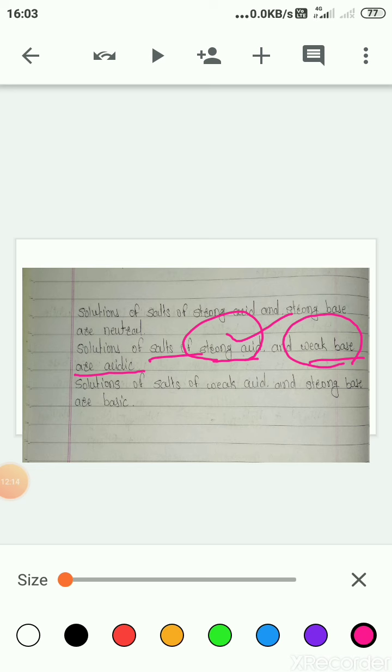In the same way, we can write that the solution of salt of weak acid and strong base is basic in nature.